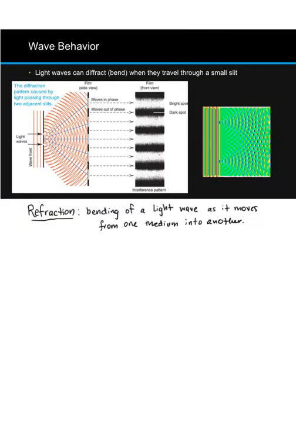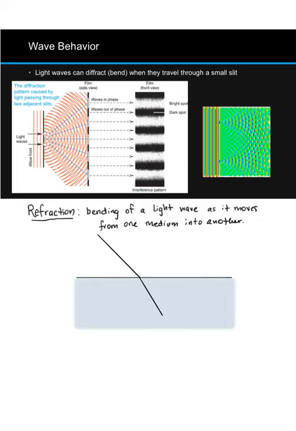Refraction, on the other hand, is the bending of a light wave as it moves specifically from one medium into another. Suppose, for instance, that we were going to shine some light into water. Light that hits the water surface might come in like this. But as that same light travels through water, it might bend to skew to look something more like this.